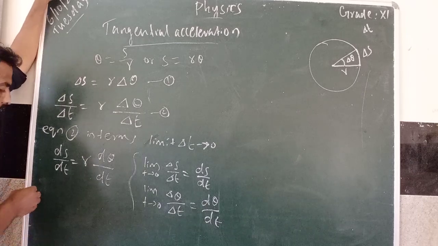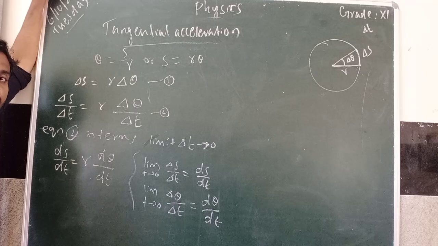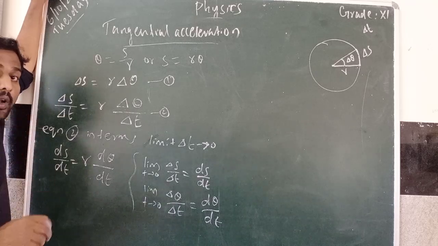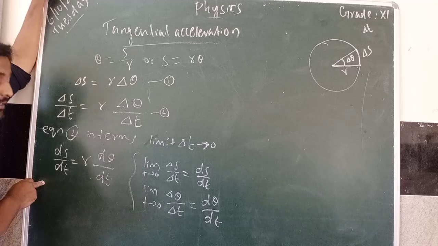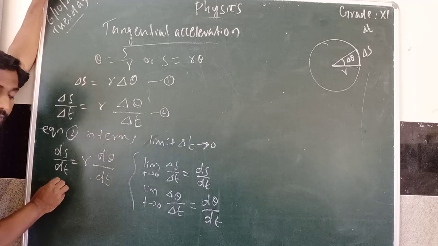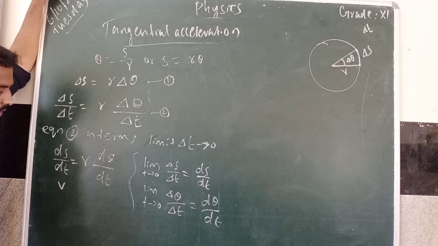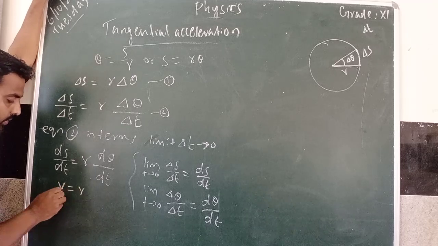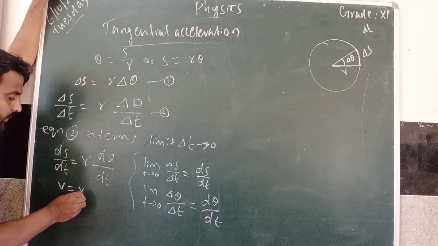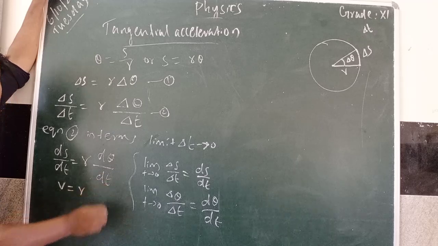Now listen here. What is this ds by dt? It is displacement by time taken, linear displacement by time taken. So you can write velocity, linear velocity. So velocity is equal to r into d theta by dt.